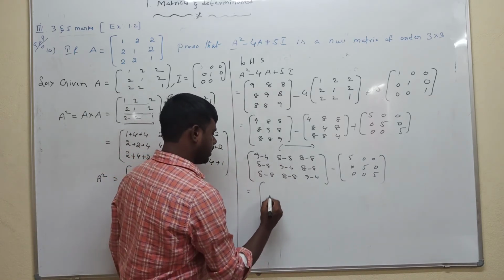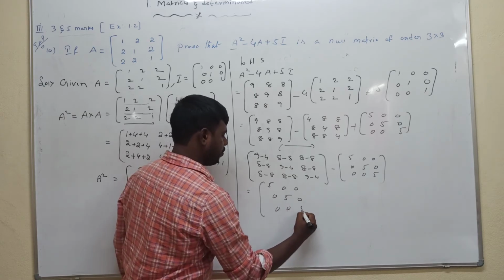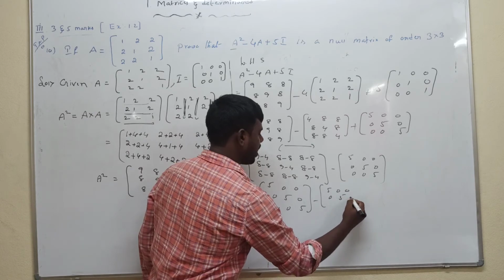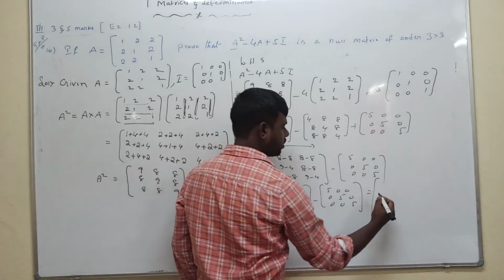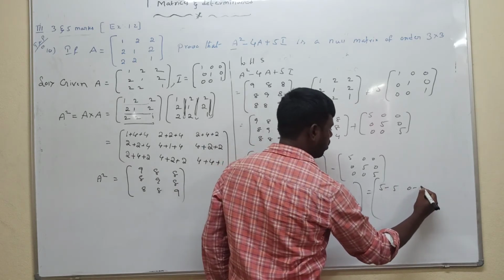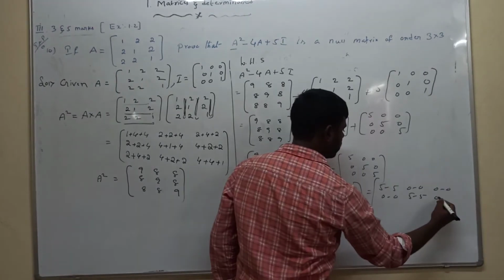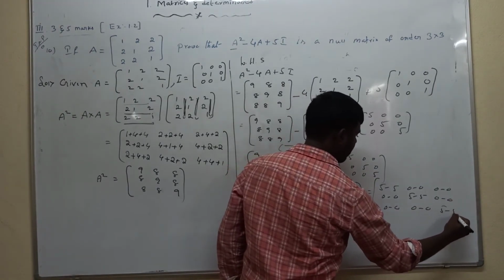We get the matrix [5 0 0; 0 5 0; 0 0 5] minus [5 0 0; 0 5 0; 0 0 5]. Now subtracting corresponding elements: 5 minus 5, 0 minus 0, 0 minus 0, and so on, up to 5 minus 5.